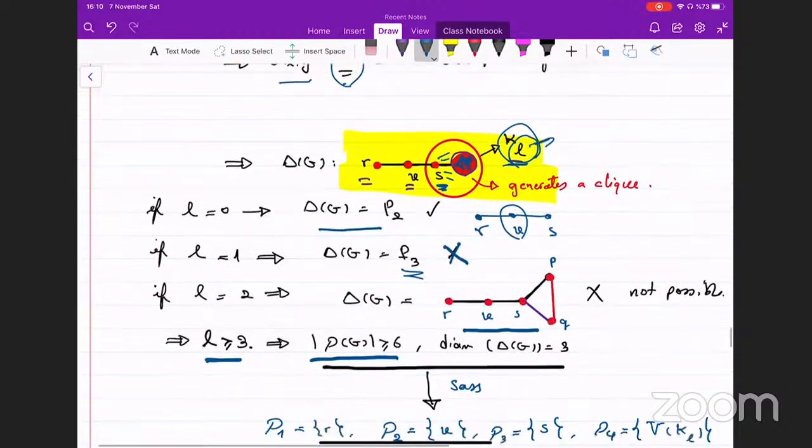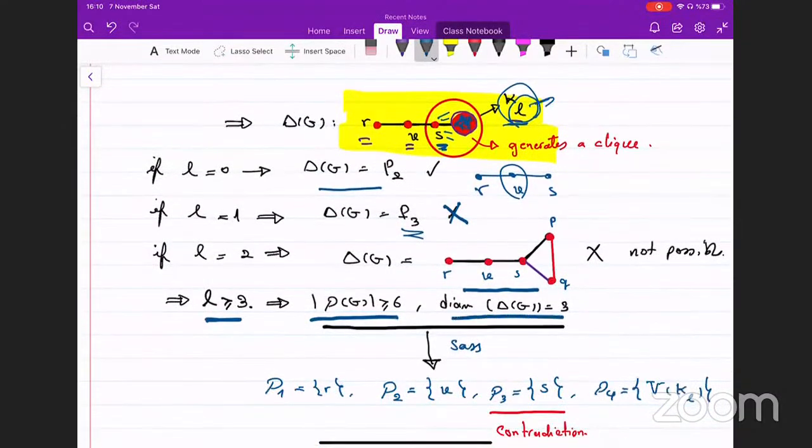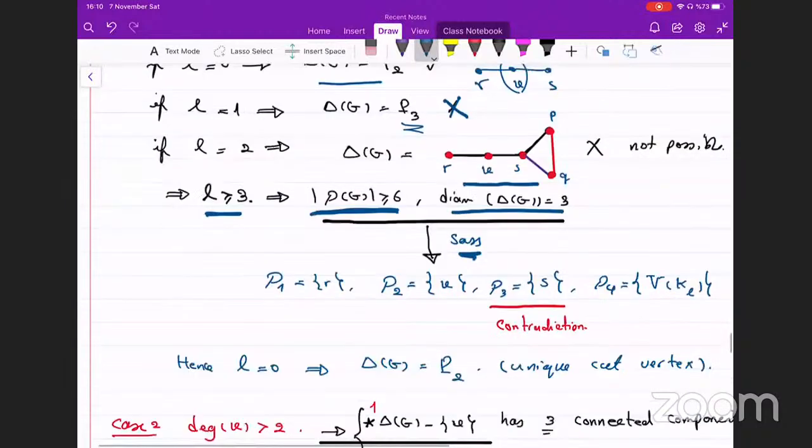So we are working with a graph whose diameter is 3. In the case that we are working with diameter 3 and rho at least 6, by a result of Lewis, you can check that rho 1, rho 2, rho 3, and rho 4 will be something like this, but this contradicts the result, because rho 3 must be a set with at least 3 elements, but we have only 1 element here, so it is a contradiction.